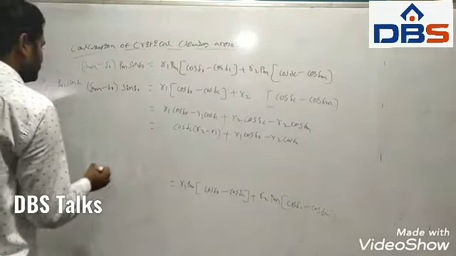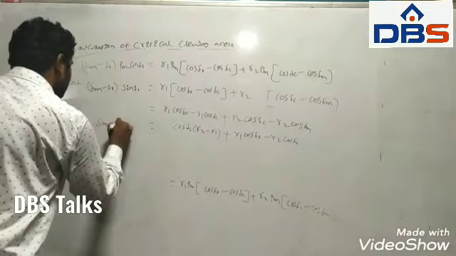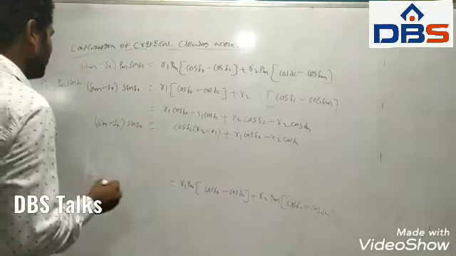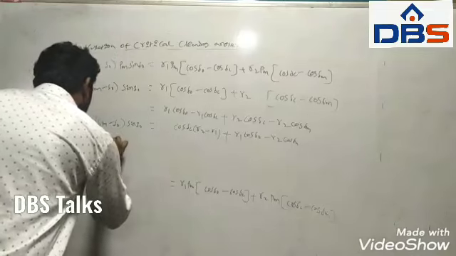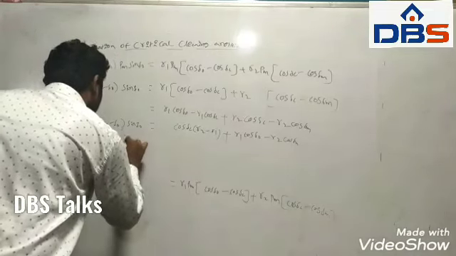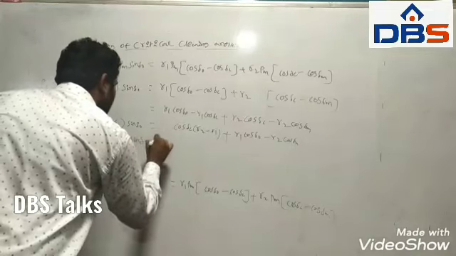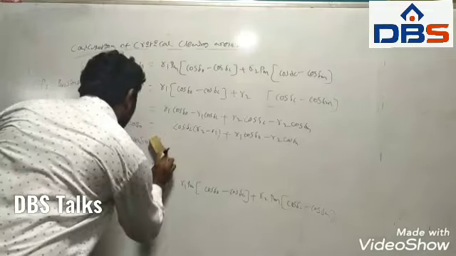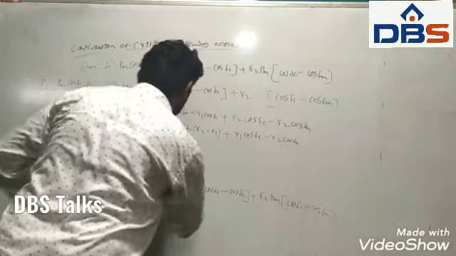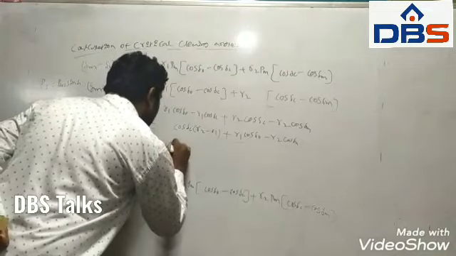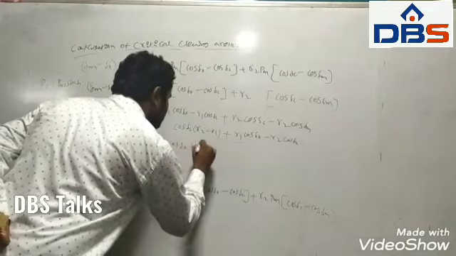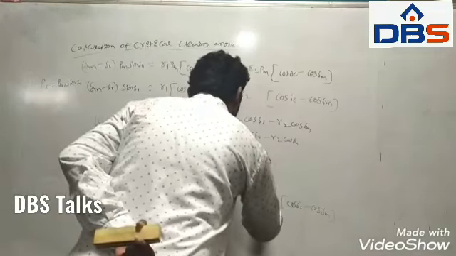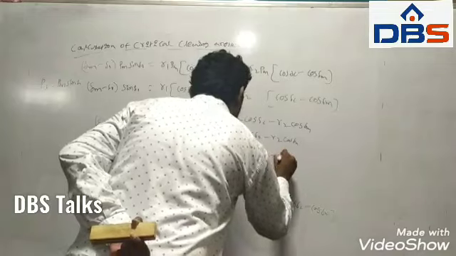So from this one we are writing (delta m minus delta naught) into sin delta naught, that is equal to, so here I am taking these two terms into this one, so that means minus r1 cos delta naught plus r2 cos delta m, that is equal to cos delta c into (r2 minus r1).